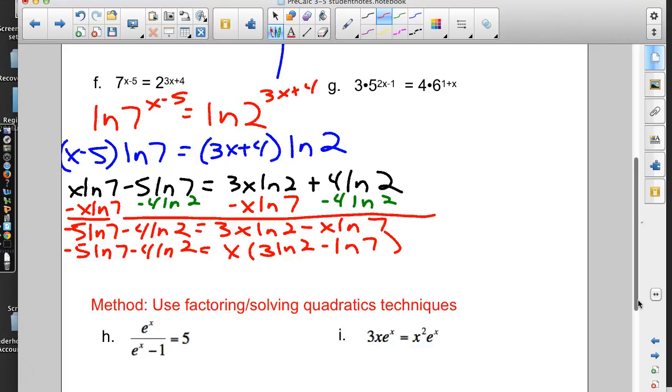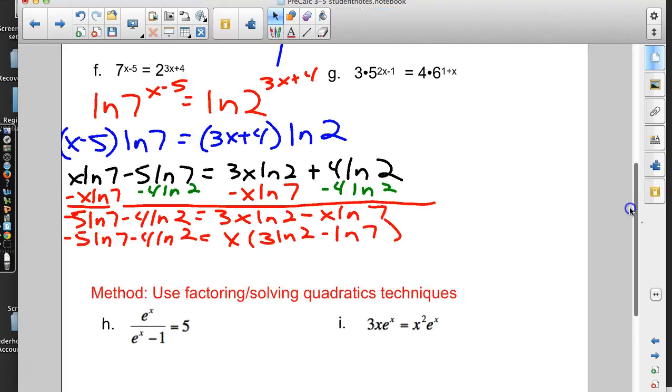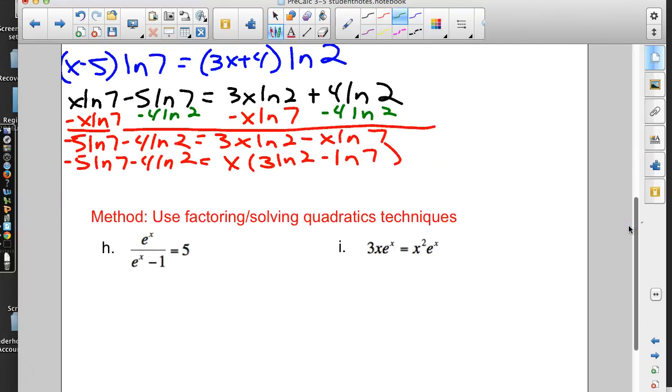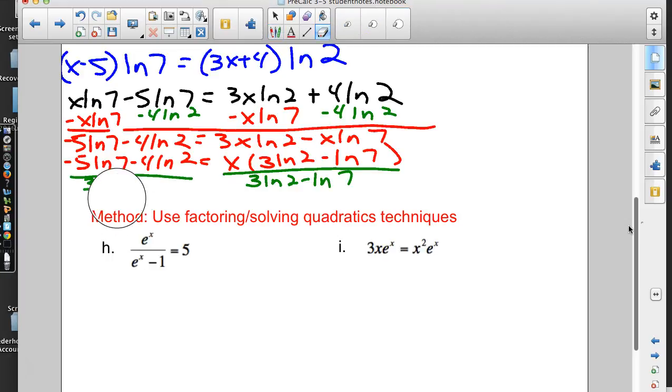Now, since it's multiplication, we can divide. Now, that's going to give us our answer.